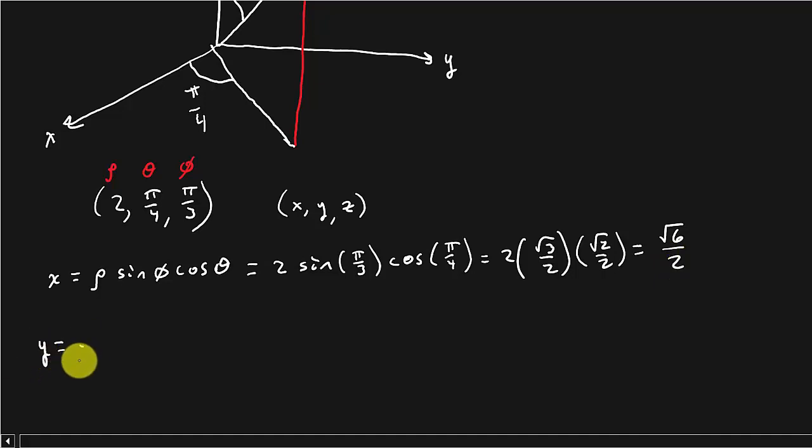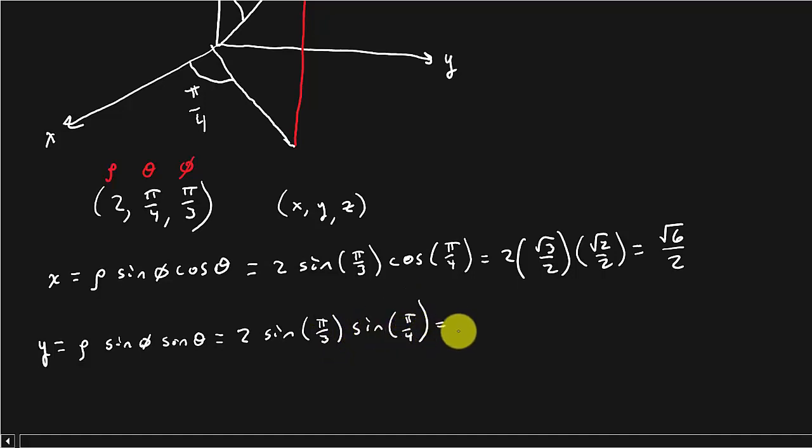And then y is equal to rho times sine phi times sine theta. So that's 2 times sine pi over 3 times sine pi over 4. And that's 2 times square root of 3 over 2 times square root of 2 over 2, which is equal to square root of 6 over 2. And then what about z?